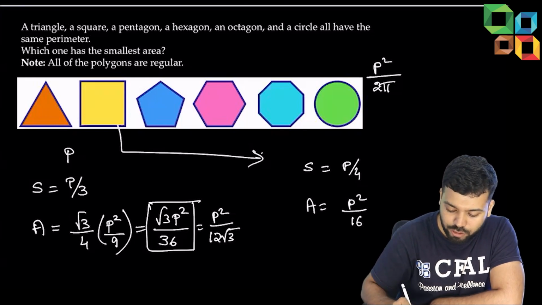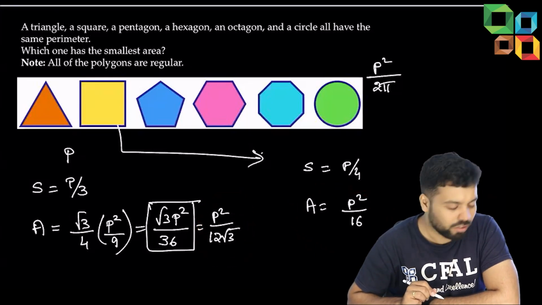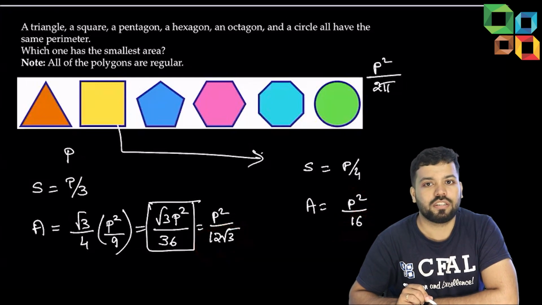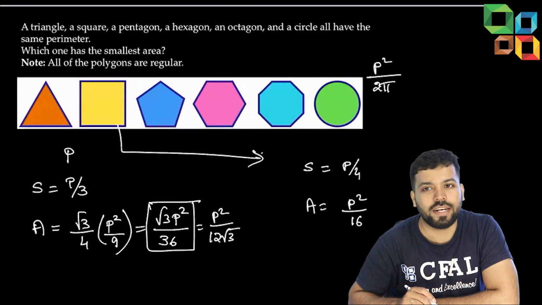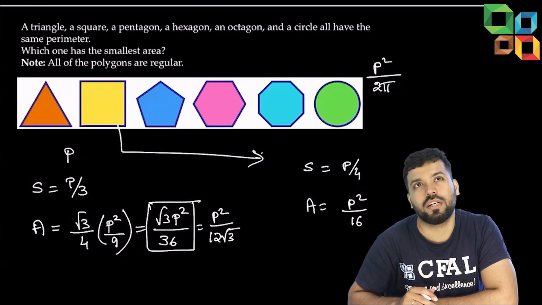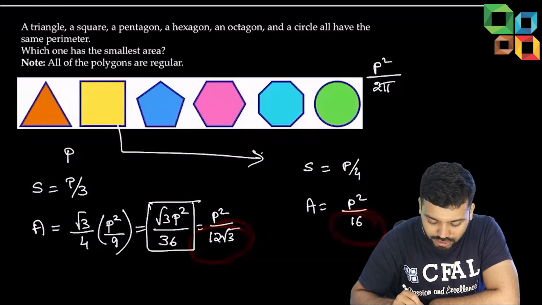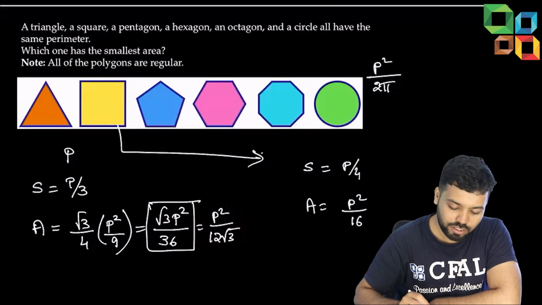Here we have P square by 16 for the square, and here we have P square by 12 root 3. Between 12 root 3 and 16, which one is bigger? 12 root 3, because 12 root 3 is 12 into 1.7, which is approximately 20.4. So this is 20.4 and this is 16. So again, P square by 12 root 3 is smaller.